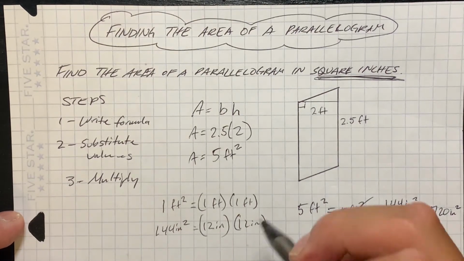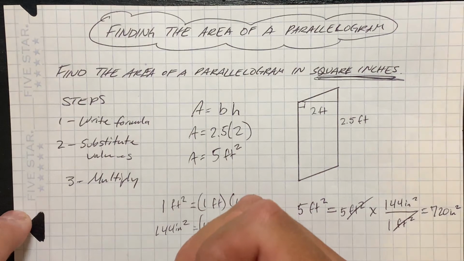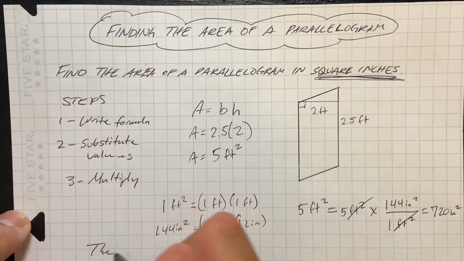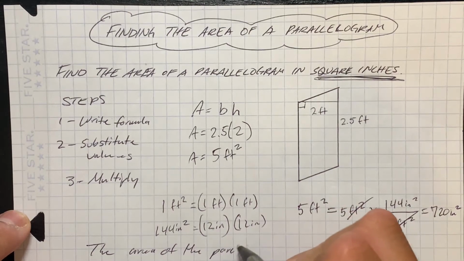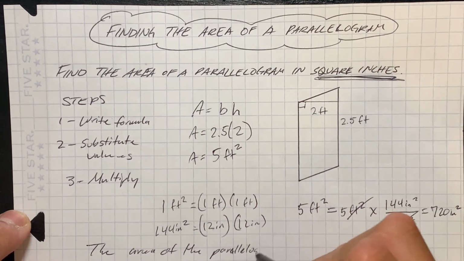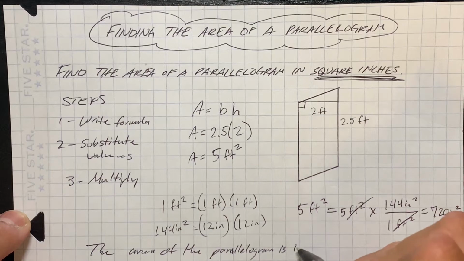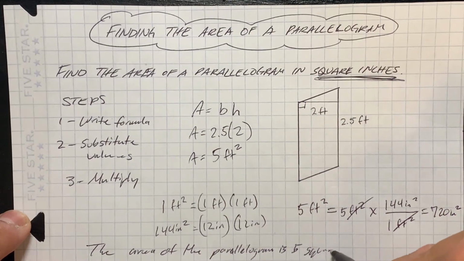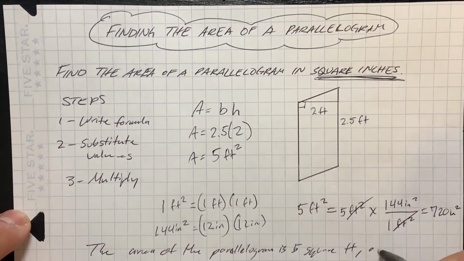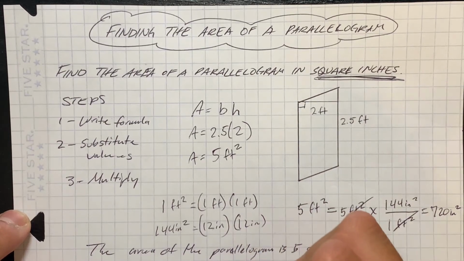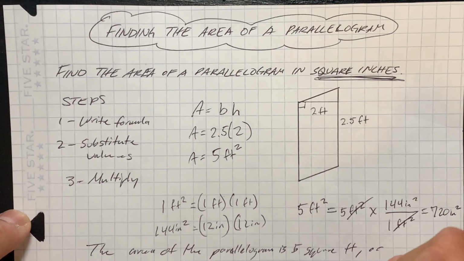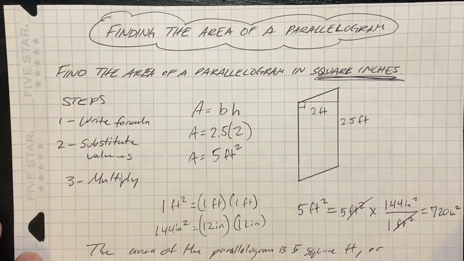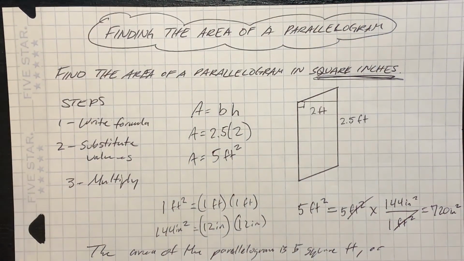All right, so that's our answer. So we're going to say that the area of the parallelogram is 5 square feet, or 720 square inches.